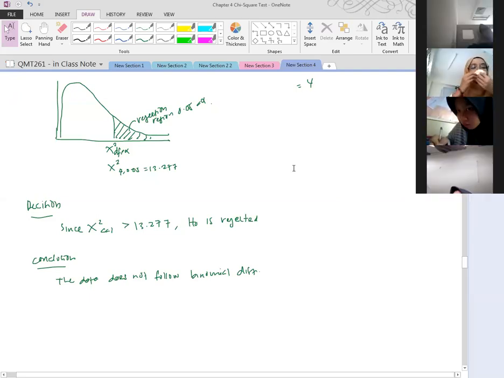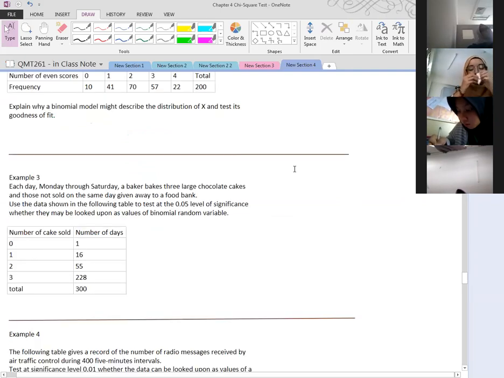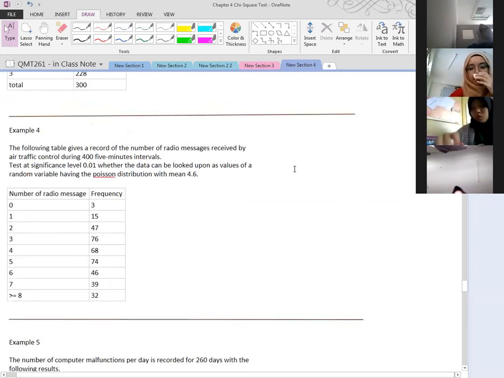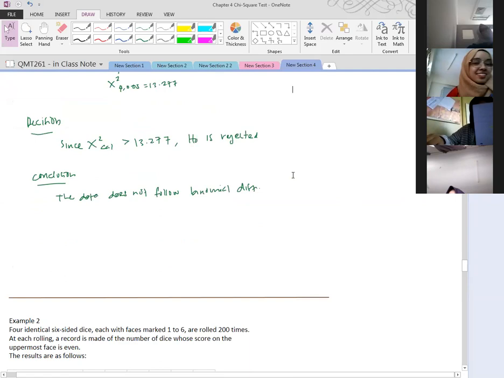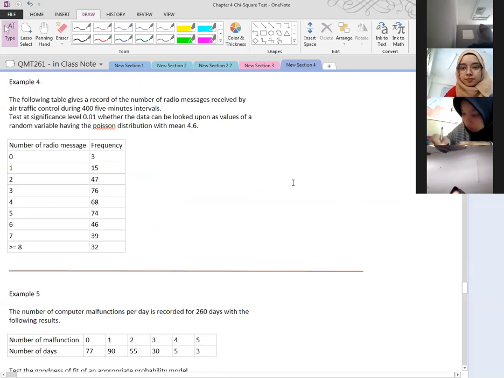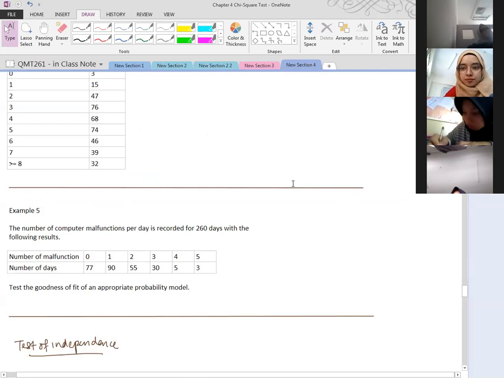Right. So let's look at another example. I have examples up to example 5, but I'm not going to go through every example. I just showed you an example for the binomial distribution. So let's look at an example for the Poisson distribution.